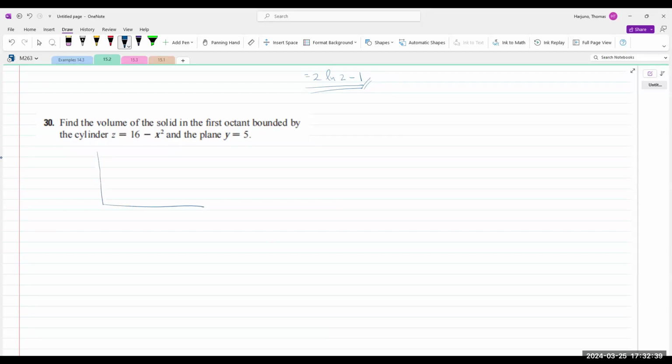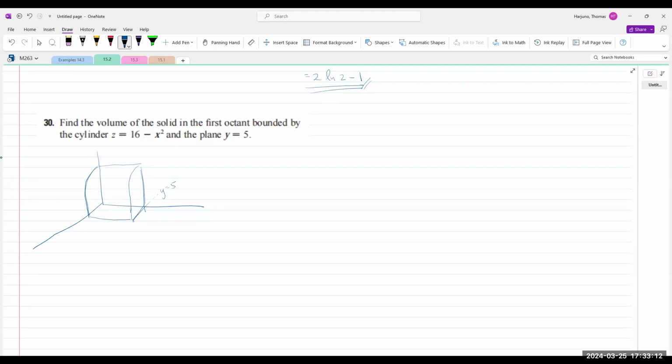Z equals 16 minus x squared. That's a parabola, right? We just need the first octant. It's a cylinder with a cross section of a parabola, with y equals 5.